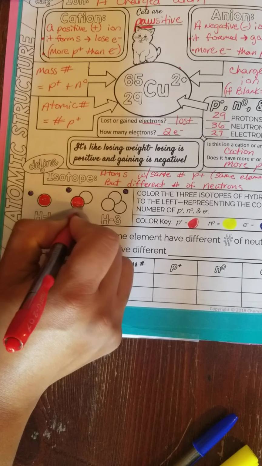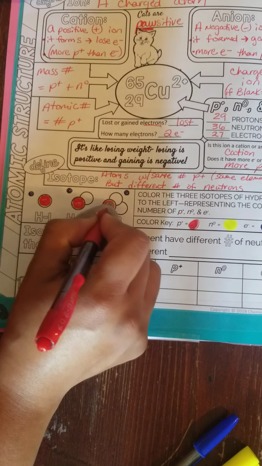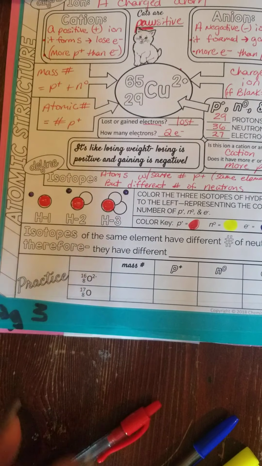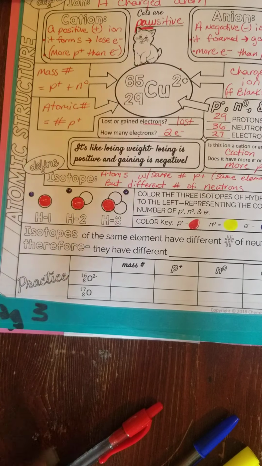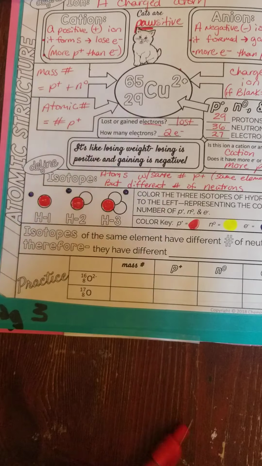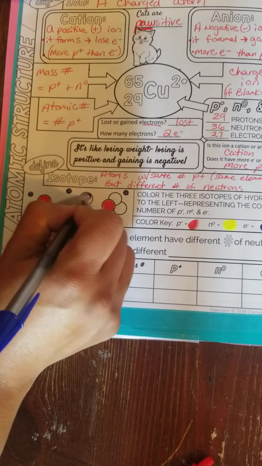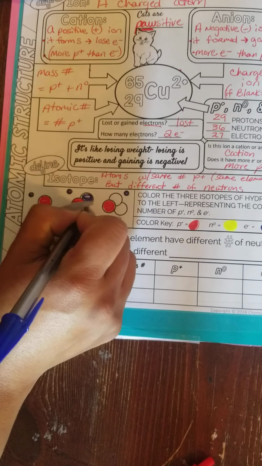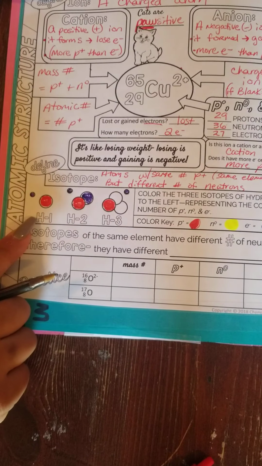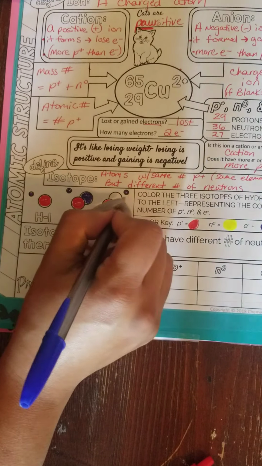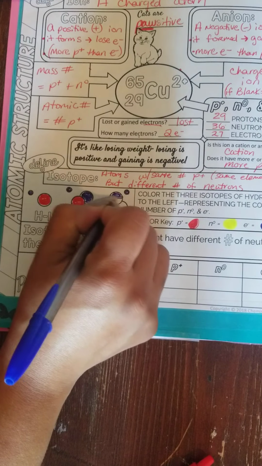No. He's always going to have 1 no matter what. But for hydrogen 2, he actually has 1 neutron. Hydrogen 1 has 0 neutrons. Hydrogen 3 has 2 neutrons.